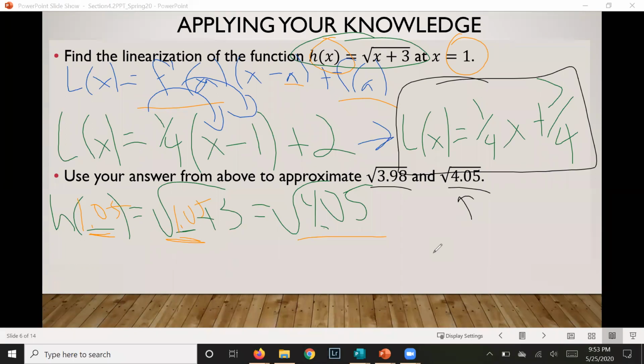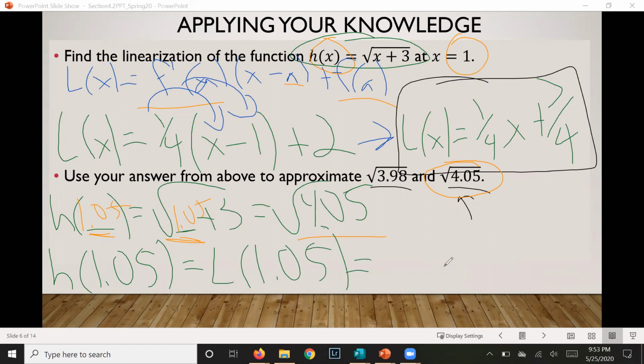So in order to approximate the value of the square root of 4.05, I need to approximate h of 1.05, which we can approximate by doing L of 1.05, using what we have from the linearization up here.